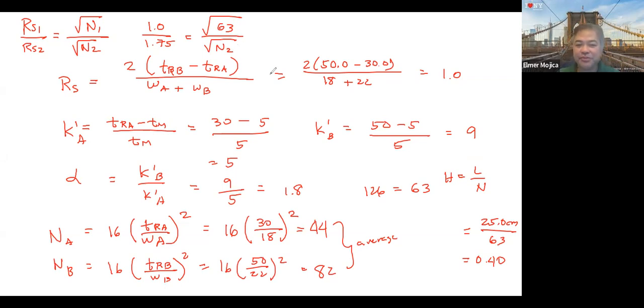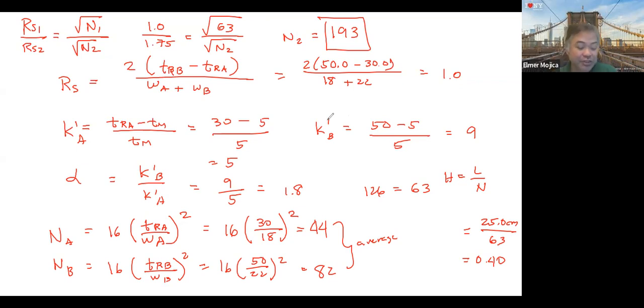So what is N2 here? So we have around 193. Should be around 192.94, 193.